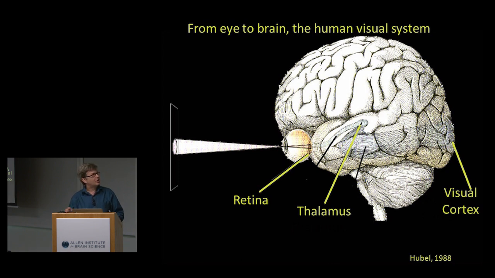And this shows the human visual system from eye to brain, with a great deal of emphasis, of course, on the eye and on the cerebral cortex and the visual cortex, where we have decided at the Allen Institute to make most of our efforts in studying the visual cortex in our 10-year project that's just beginning now.